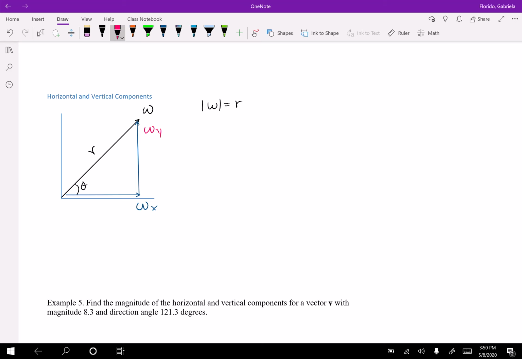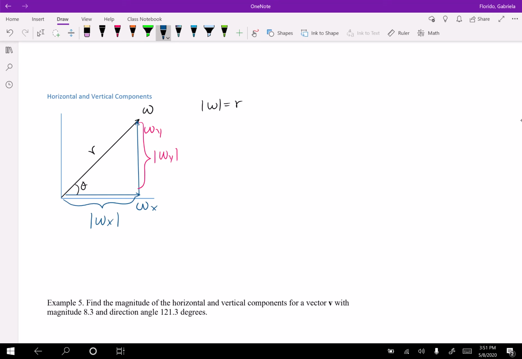So again, I'm trying to figure out what the lengths of these vectors are. Well, let's use a little bit of trigonometry. The length of this vertical vector is going to be the magnitude of WY, and the length of this horizontal vector is going to be the magnitude of WX.